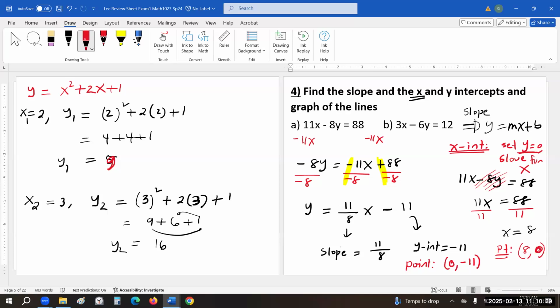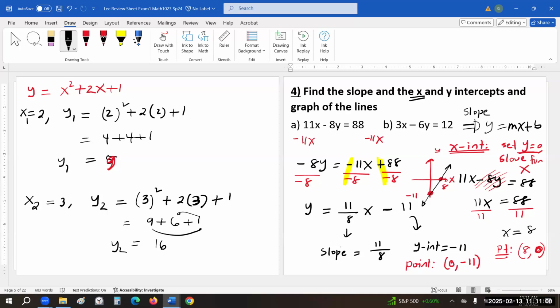Once you find your x-intercept and y-intercept, we can actually graph it. Let me do it here. This is the x, this is the y. Our x is 8, so somewhere here, 8. Y is negative 11, somewhere here, negative 11 and positive 8. Then to draw the graph, you just connect them. That's it.